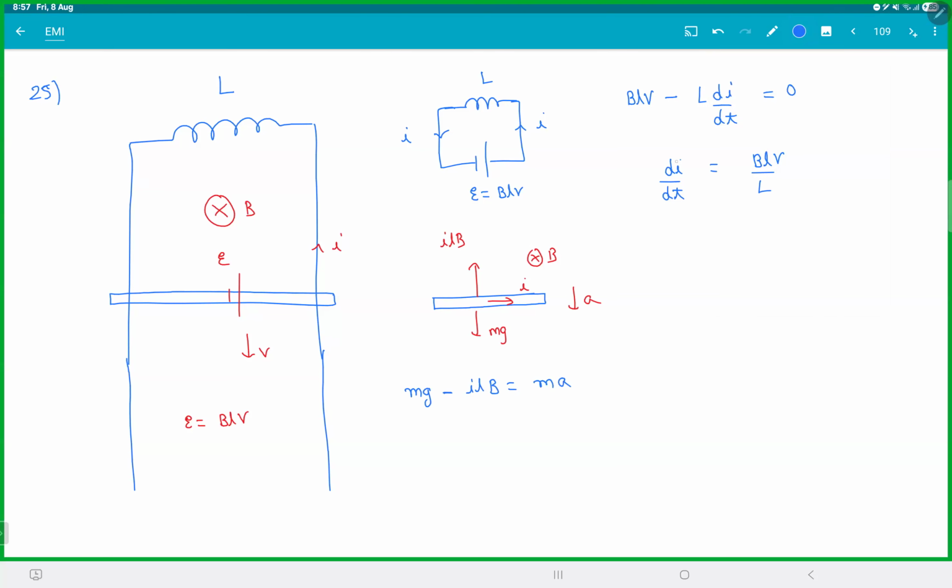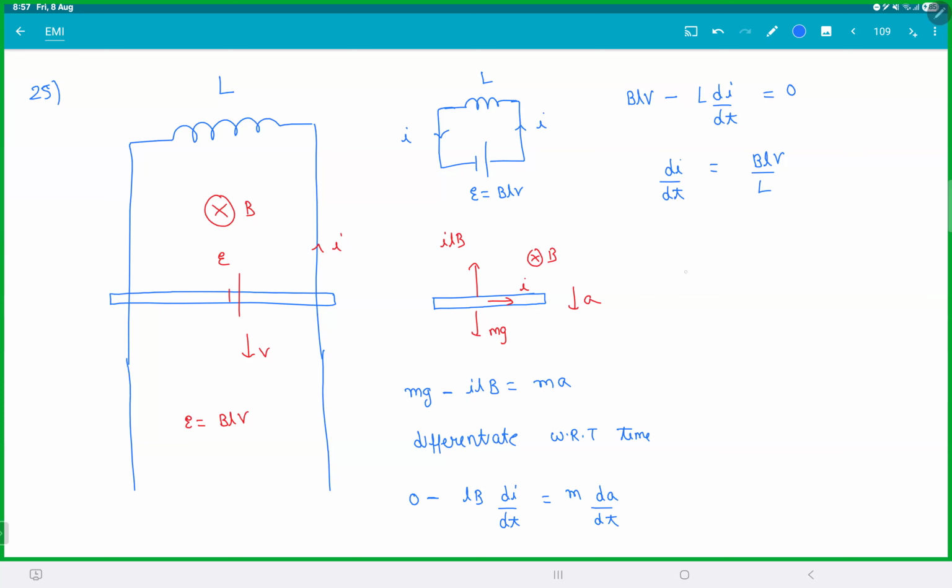Now you can clearly see, I have dI by dt here, but there is only I here. So differentiate with respect to time. mg will become 0. This will become LB dI by dt. This is m into dA by dt.